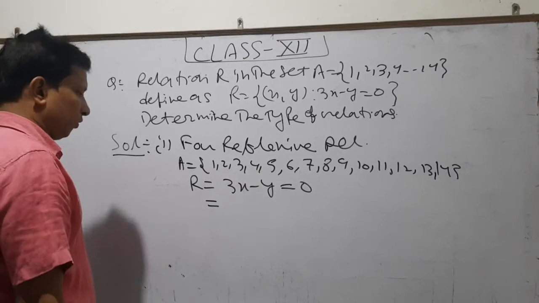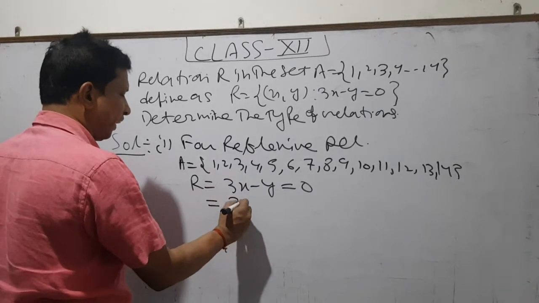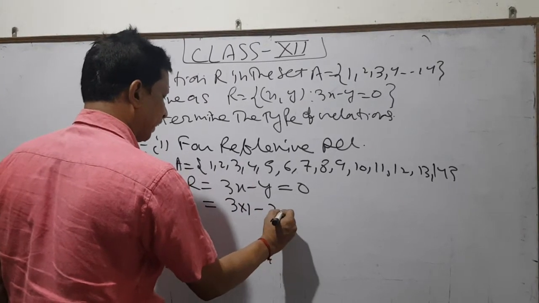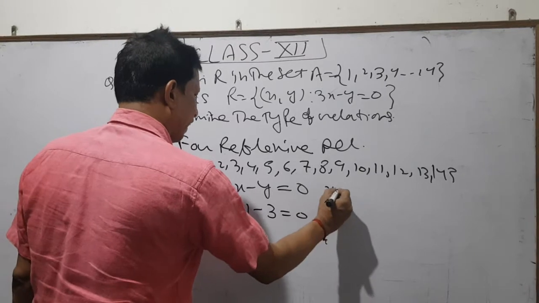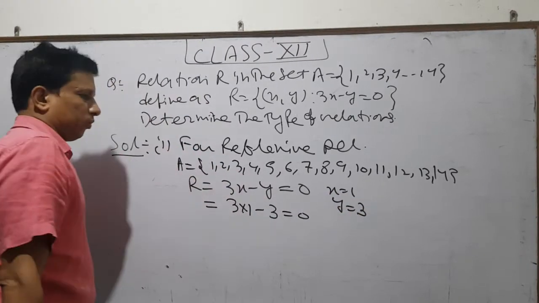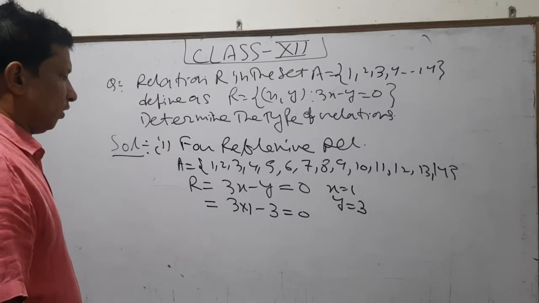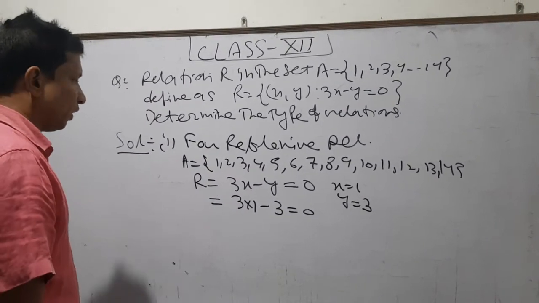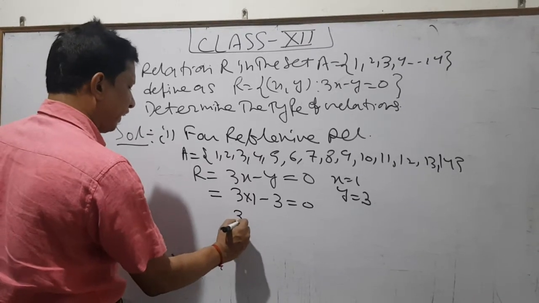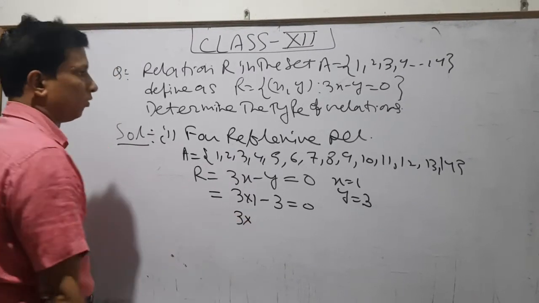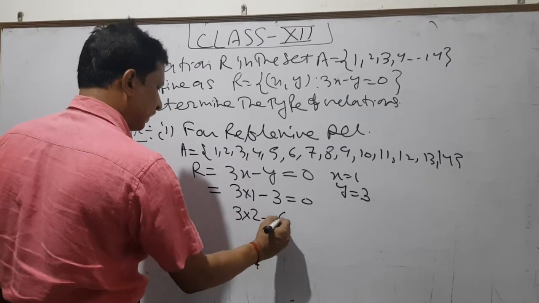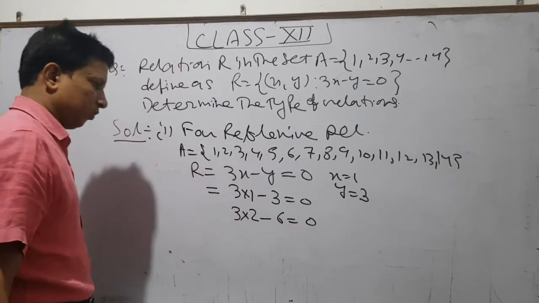First value: 3 into 1 minus 3, then the result is 0, where x is 1 and y is 3. Note down this one. Next result, 3 into 2 minus 6 is 0.